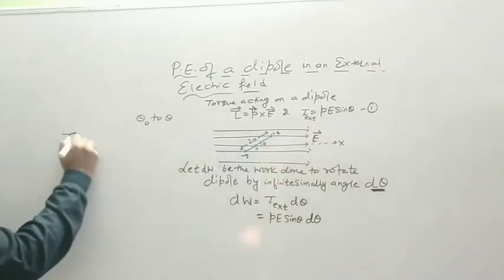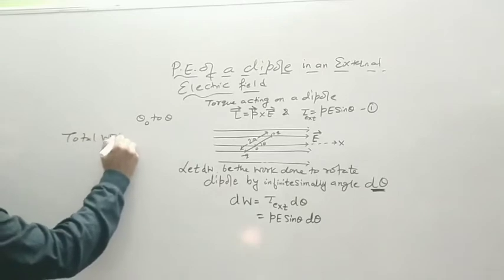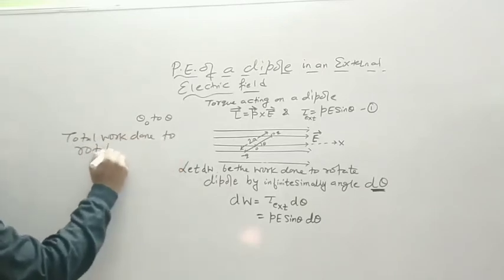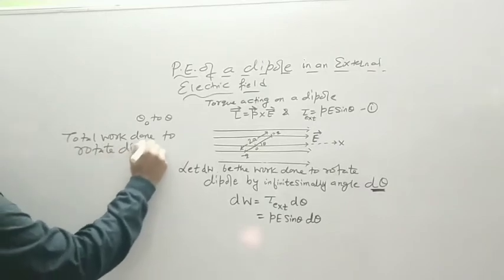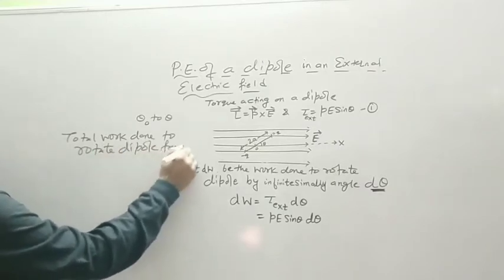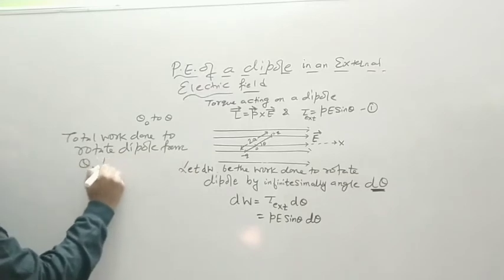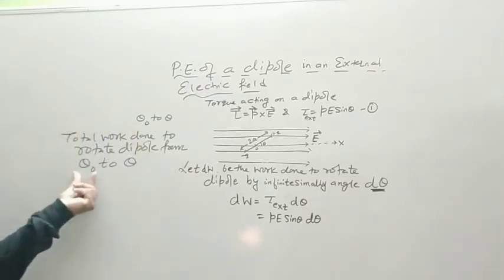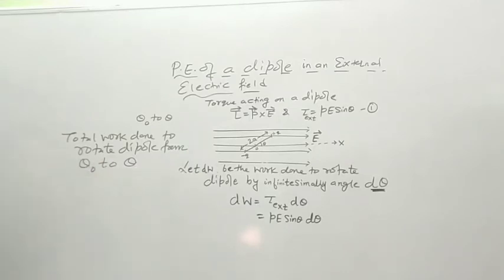Now the total work done to rotate the dipole from theta naught to theta. So the initial angle is theta naught, the final angle is theta.